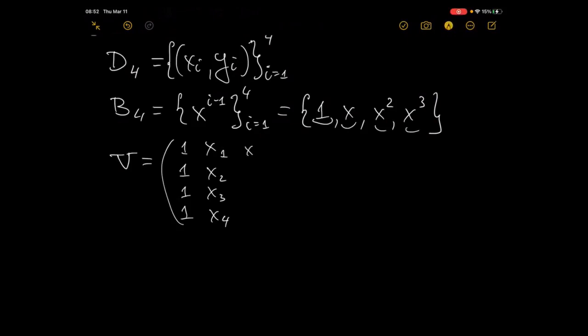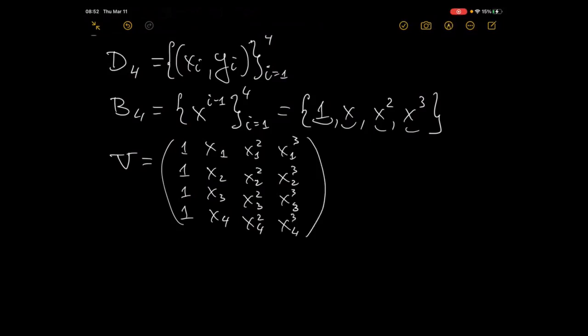So x1 squared, x2 squared, x3 squared, x4 squared, and x1 cubed, x2 cubed, x3 cubed, x4 cubed. So this is the Vandermonde matrix, right?